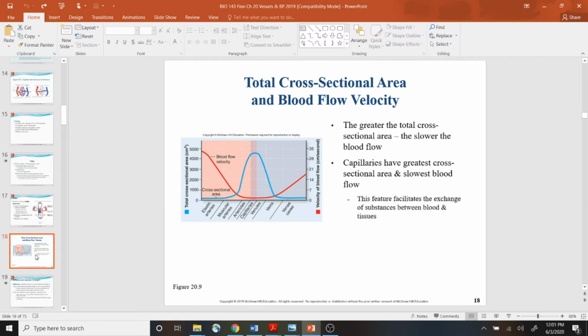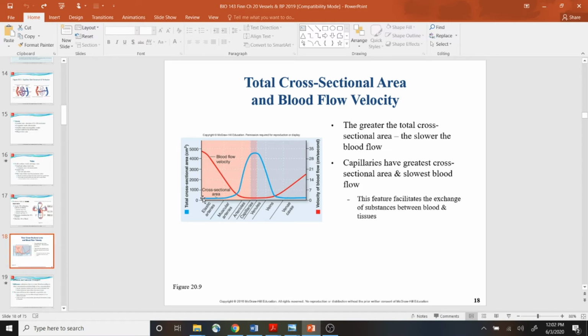So they have a lot of surface to volume ratio. You think, well, the blood's not going through there very quickly, but because of the greatest cross-sectional area and more surface to volume ratio, even though they're small, this slow blood flow facilitates the exchange of substances, which we want to happen. It's an inverse relationship between total cross-sectional area and blood flow velocity.